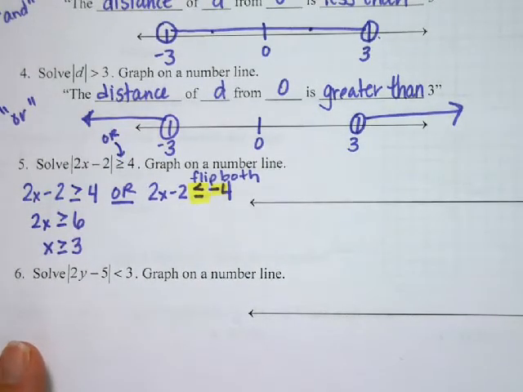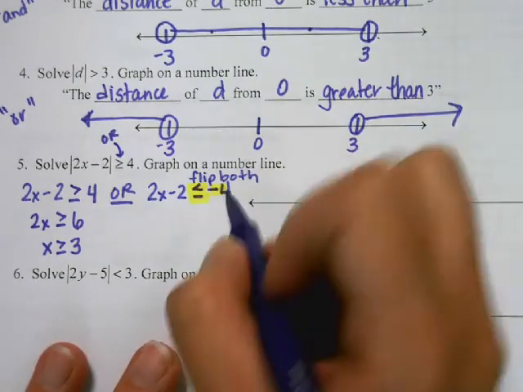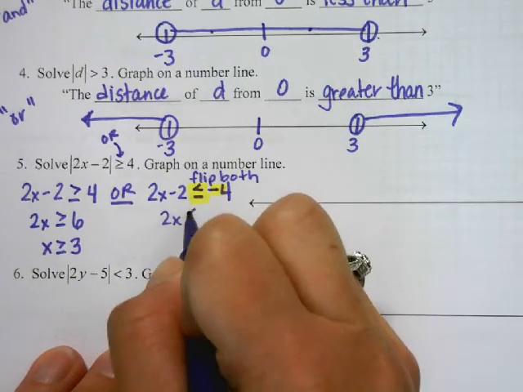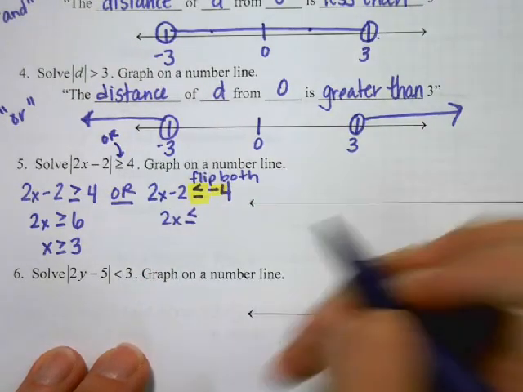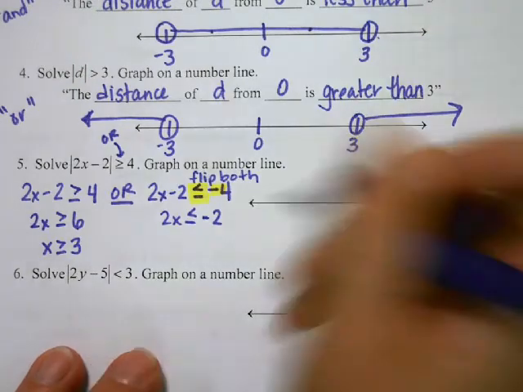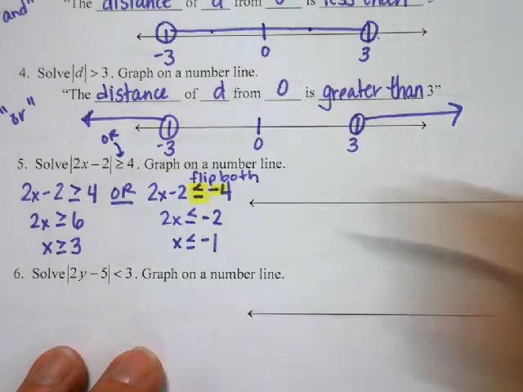Let's wait to graph till we're all done, because we don't know what our other number is going to be. Alright, I have a negative 4. I'm going to add 2. So 2x less than or equal to negative 2. Divide by positive 2, so x is less than or equal to negative 1.